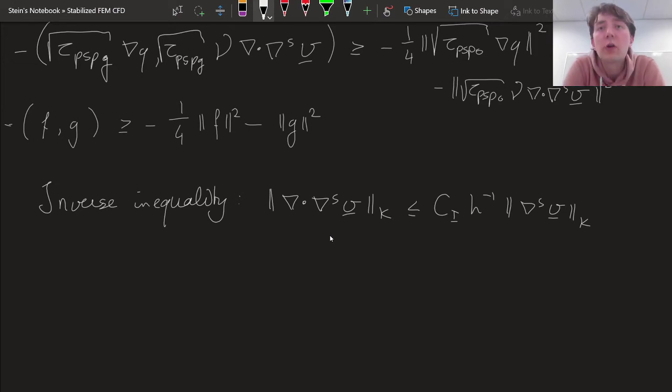And again, the way that you would obtain this constant Ci is from an eigenvalue problem. And this is again sort of the inverse of a Poincaré inequality. Poincaré is trying to bound this guy from above by something like that. So the inverse estimate is the opposite of that. And as I said in the previous video as well, an inverse inequality is only possible due to the discrete nature of our function spaces, which is also illustrated by that scaling with h.